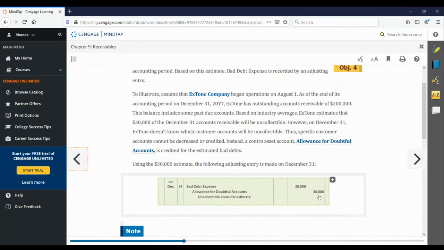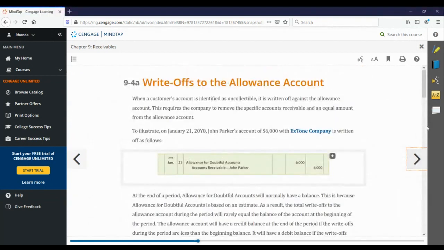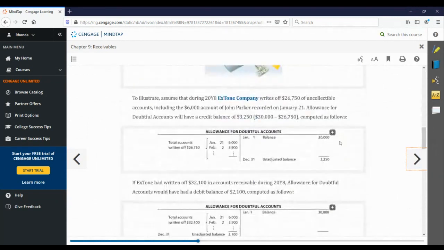This is where the $30,000 credit balance came from. This was the adjusting entry that you made at the end of the accounting period. So this balance that we had at the end of the accounting period is going to be brought forward into the new accounting period. That's where this $30,000 comes from.